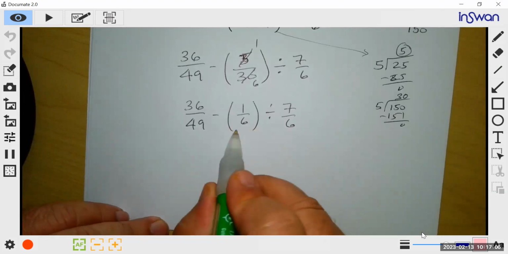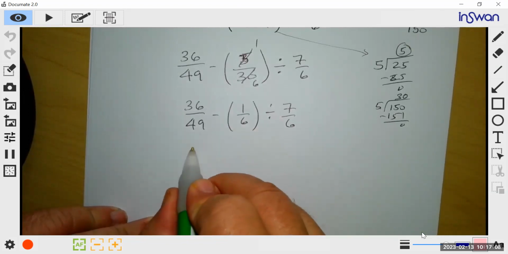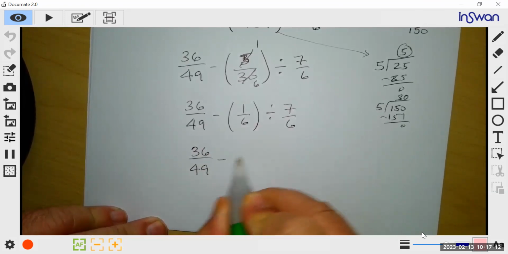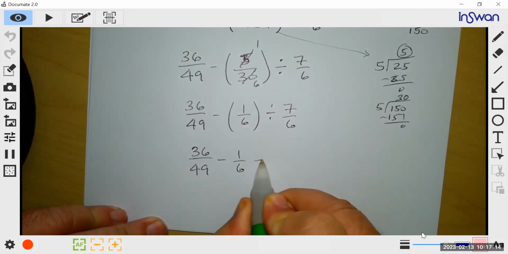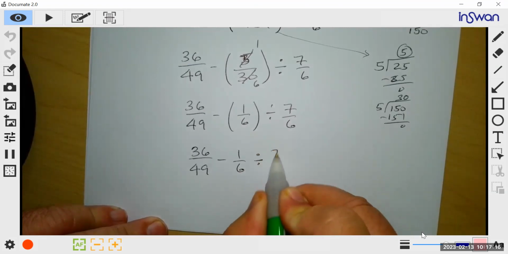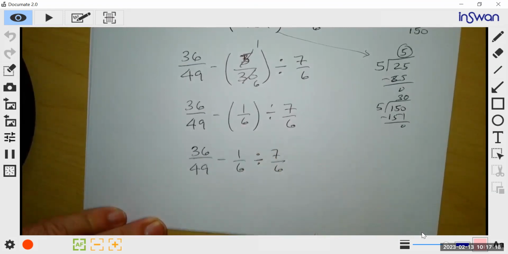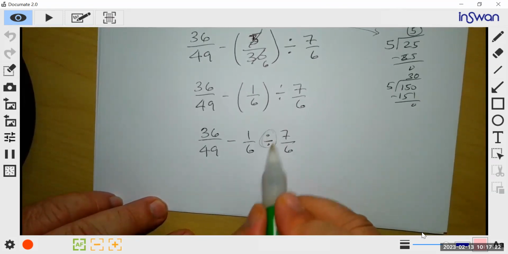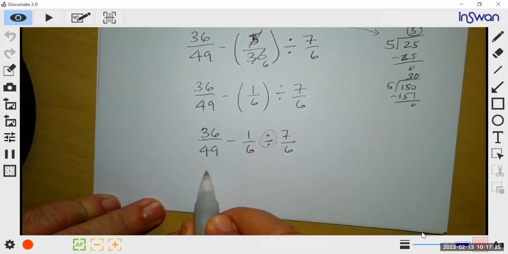Can we do anything inside the parentheses? So we don't need the parentheses. Are there any more special operations? Any multiplication or division? Here's a division right here. So we have to do that next.